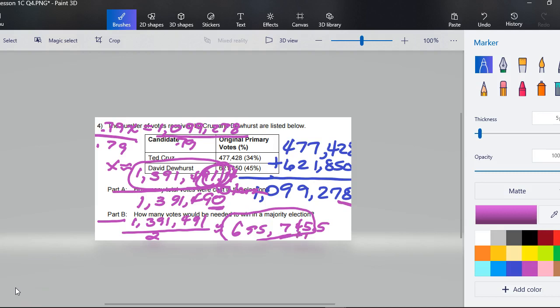It's got to be plus 1. So the final answer that we're looking for on part B, how many votes would be needed to win a majority election? Let me grab a different color and say that to win this election, someone's going to need 1,391,491 votes to have a majority.